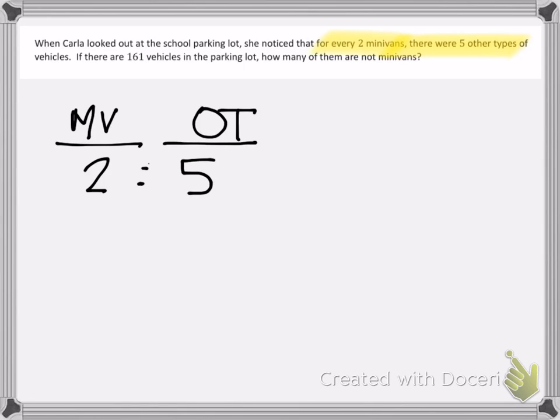So in order to use that 161 number, I have to make a new category, which has to be all vehicles. I'll just call it all, then I need to add the minivans to all the others. So when I add the minivans to all the others, that gives me a total of 7, according to my ratio.